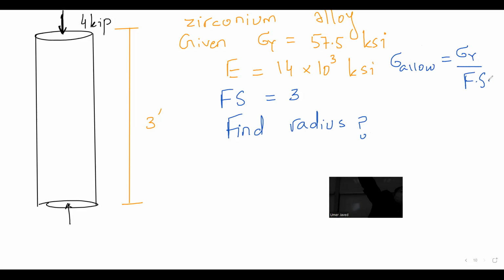So factor of safety means I really have to be away from my yield stress point. That's why you divide by a factor of safety. Is it the same unit? No, factor of safety is unitless.